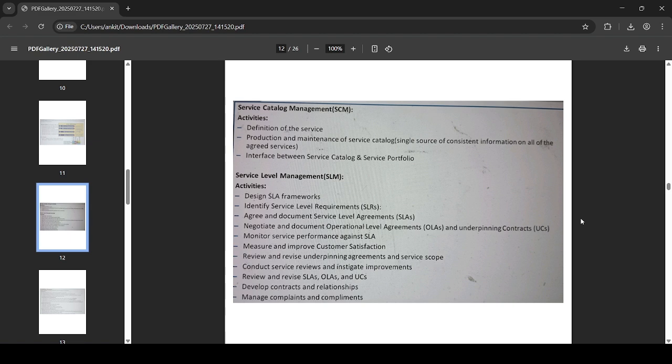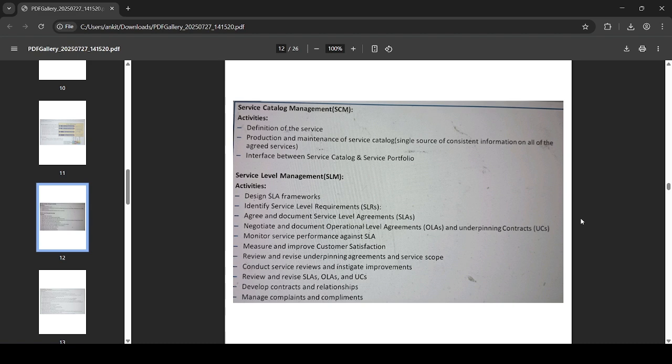For example, if you're working in one of the MNCs, and that MNC in that project is not providing that service to the customer itself, they are taking help from a third party vendor. So the agreement between the service provider and the third party vendor is known as the underpinning contract.